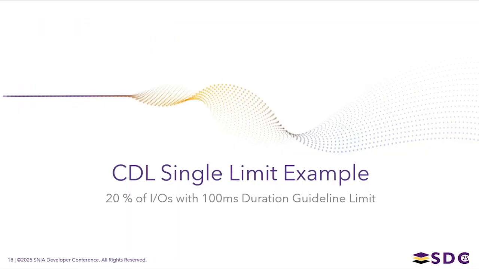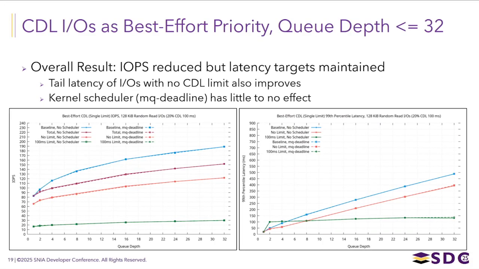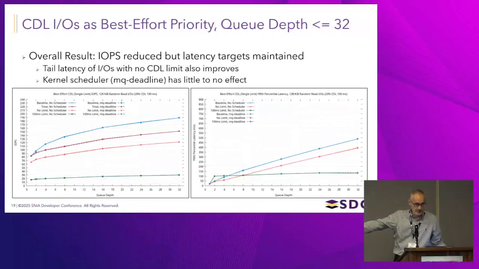So in the first example, we're going to take 20% of I/Os with a 100 millisecond limit. And the limit here is a scheduling limit. It's not a fast fail limit. Here you go, see the latency? Your 20% of I/O are getting 100 millisecond 99th percentile tail latency.